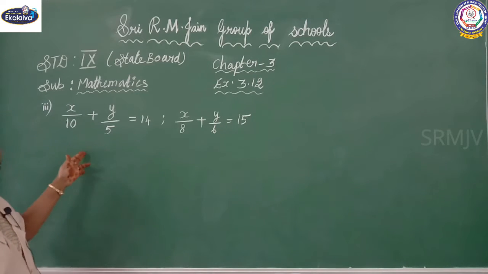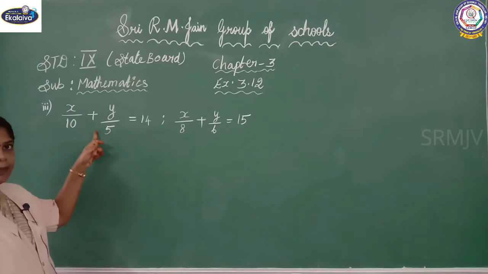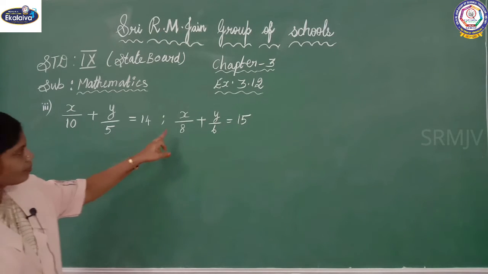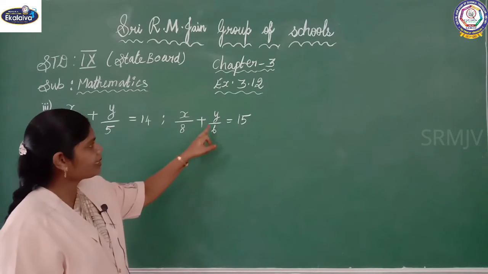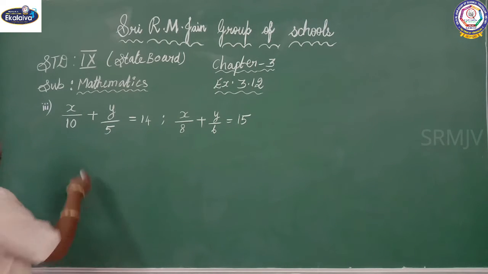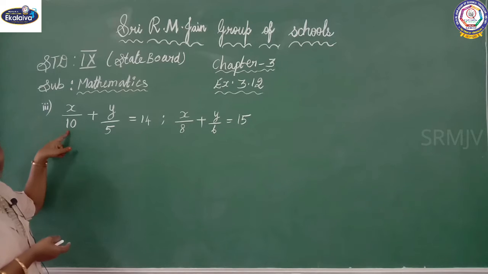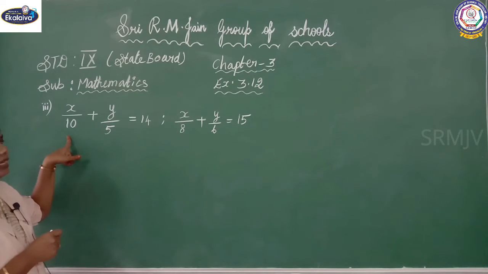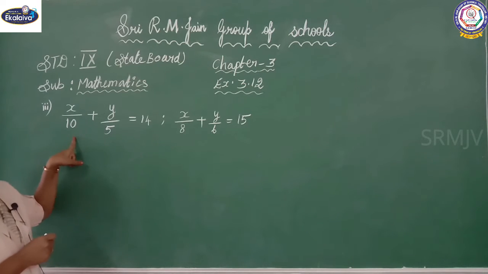See the next question. x by 10 plus y by 5 equal to 14. x by 8 plus y by 6 equal to 15. In the previous questions, whole numbers were given, like 2x plus 3y, but here denominators are there.